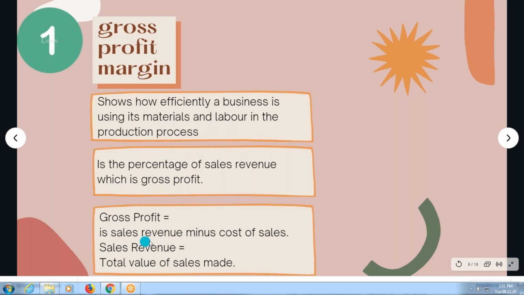Gross profit is the sales revenue minus cost of sales. And sales revenue is the total value of sales made. Okay, this is for gross profit margin. So the two main items are gross profit and sales revenue.